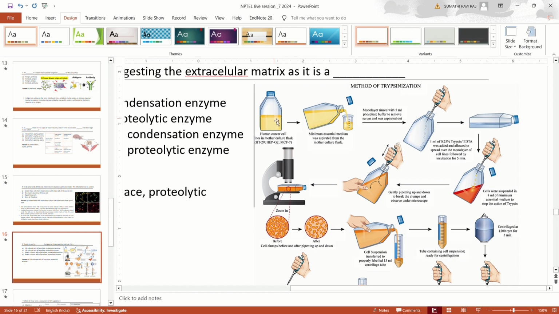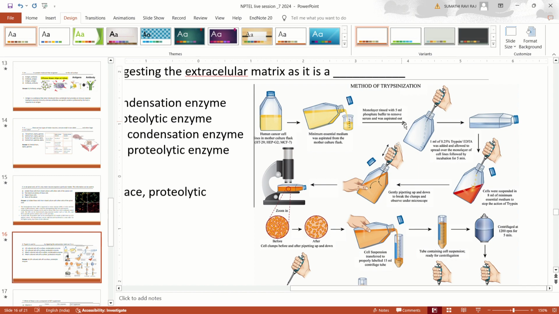So after growing the cells, the media is aspirated from your plate, and then the monolayer is rinsed with 5 ml of PBS or phosphate buffer to remove the serum, and that will also be aspirated out. So your serum contains components which will neutralize your trypsin. That is the reason we give a wash with PBS, so that the residual media which has remnants of serum is also washed away.